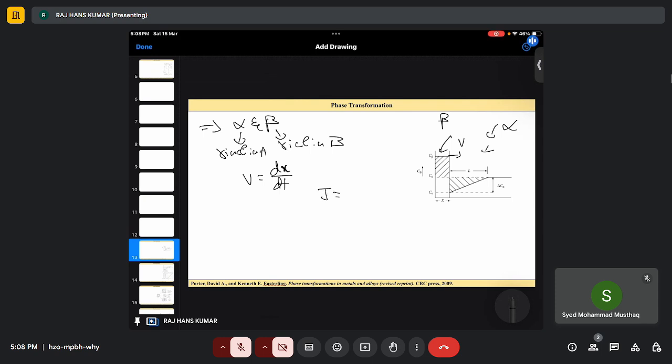We know diffusion is the diffusion of atoms, right? Because the precipitates need more B atoms, the B atoms will come from here to here, right? So that is how the diffusion takes place. Because of the concentration gradient, C naught minus CE, you have diffusion happening. And that is given by minus D, the diffusion of B atoms in A, times dou C upon dou X.